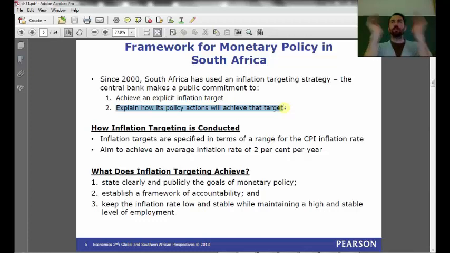So if it's got this specific target, it communicates to say, right, this is our target. We think we might be going to the top range of that target. If we see the data continuing to suggest that, we're going to start increasing interest rates. Then that puts into people's minds the idea that when they set their expectations about inflation, they should be towards the top end of the range of the target, which is 6%, right?